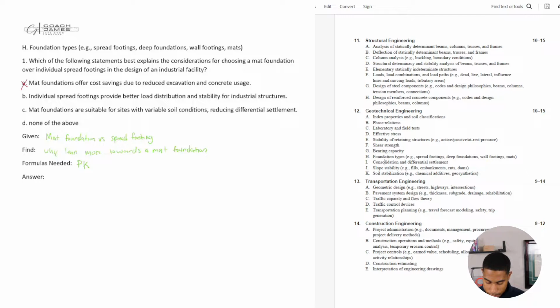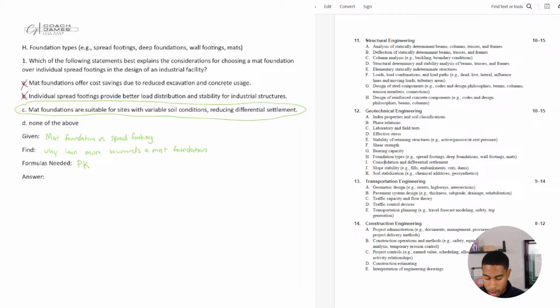Individual spread footings provide better load distribution and stability for industrial structures? No, that's what a mat footing is known for. Mat foundations are suitable for sites with variable soil conditions, reducing differential settlement. So your answer is going to be C.